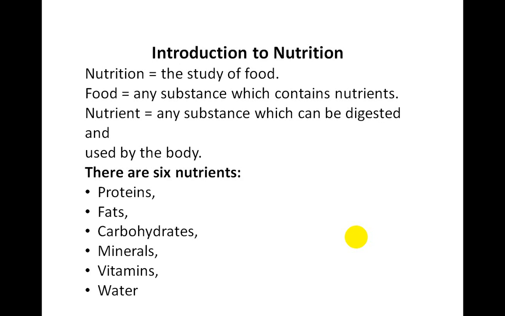Number 1, cereals, for example rice, wheat, maize, oat, which produce carbohydrates. Number 2, pulses, for example gram, green gram, fresh pea, which yield proteins. Number 3, nuts and oil seeds, for example groundnut, almond, cashew nuts, mustard seeds, soya beans, which provide protein and fats.